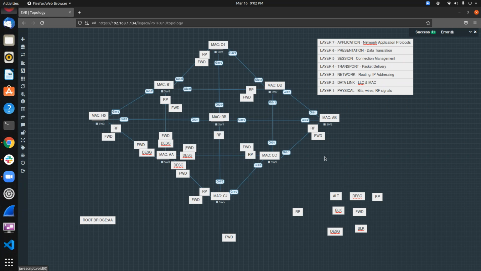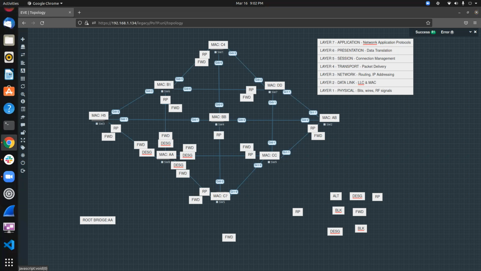So now what we did is we converged the first half of it. We identified your root port, the path that your switches are going to take to send traffic. But the purpose of spanning tree is that for redundant links, we are going to make sure that we block to prevent a loop. Yes.